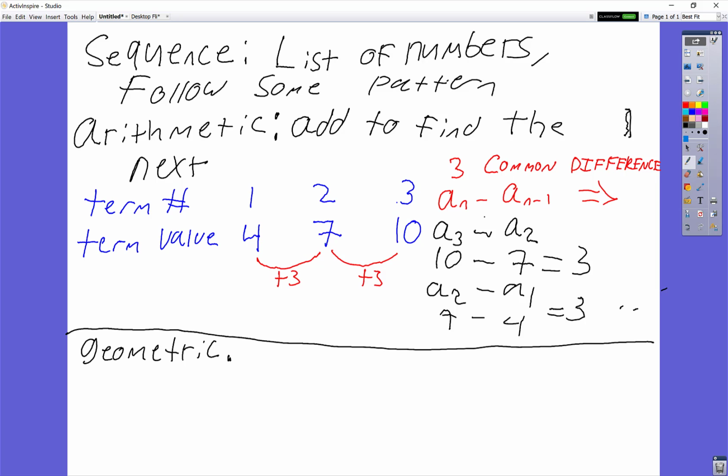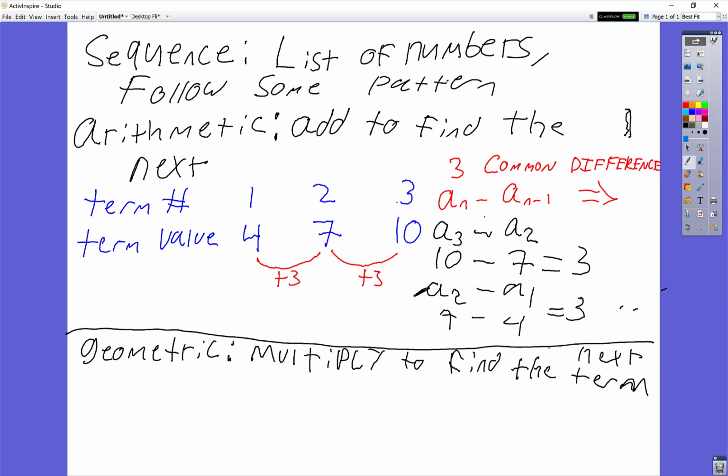This just means that you have to multiply to find the next term. So with a geometric sequence, you multiply to find the next term.